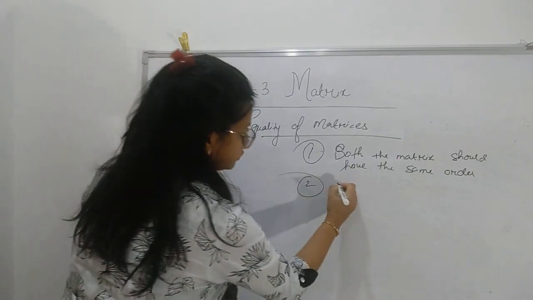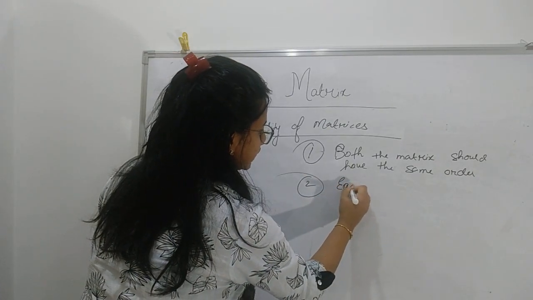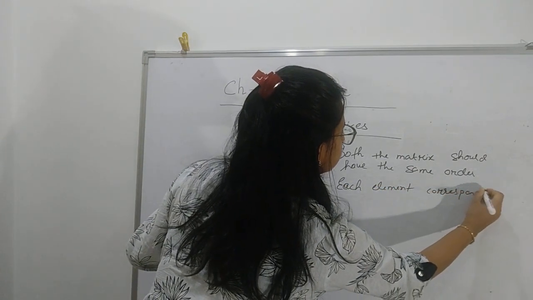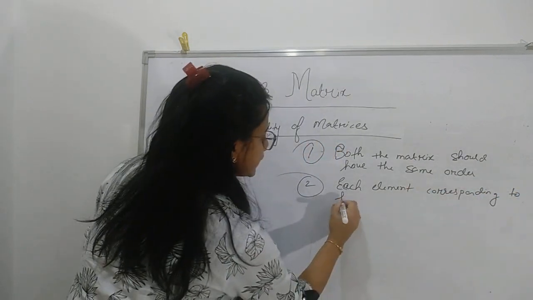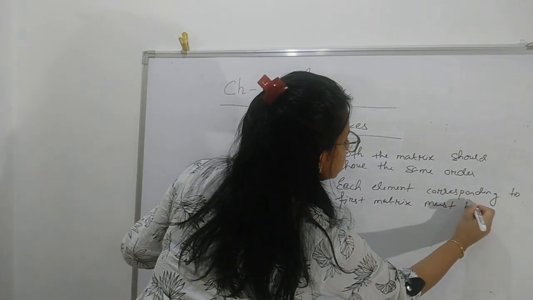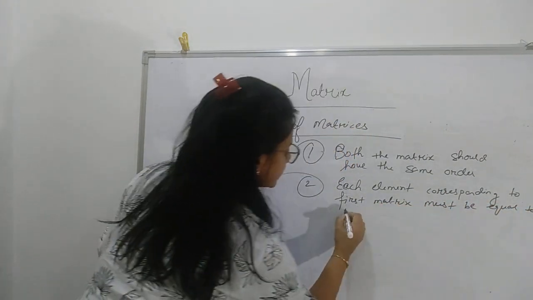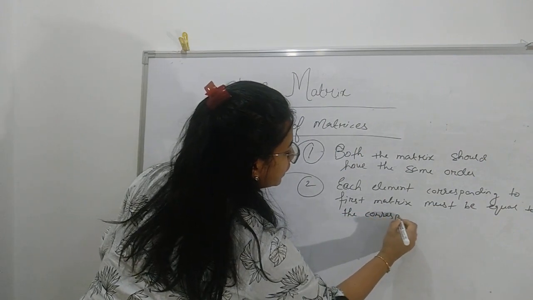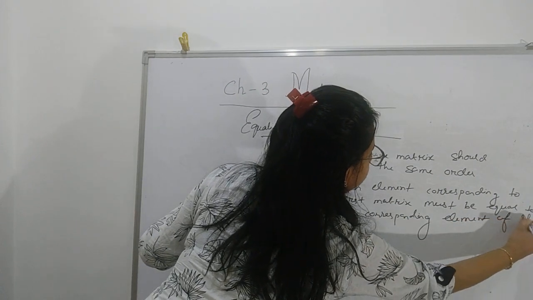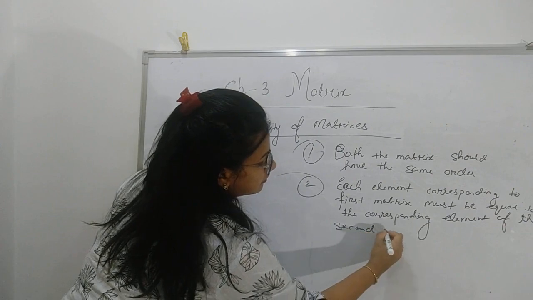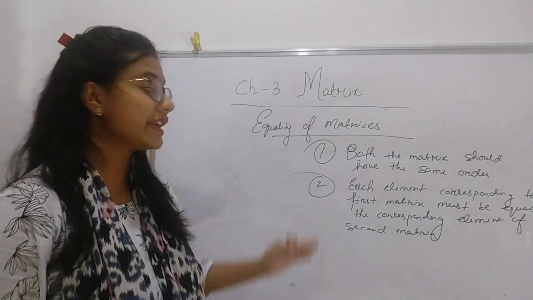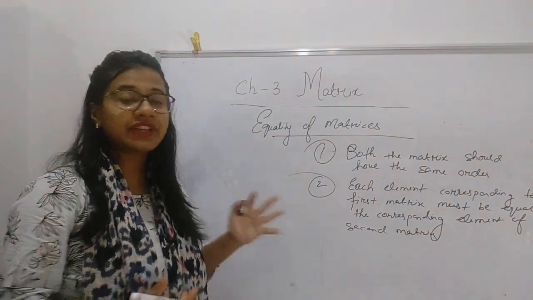Second is each element corresponding to first matrix must be equal to the corresponding element of the second matrix. What is the meaning of this statement? Each element corresponding to first matrix must be equal to the corresponding element of the second matrix.